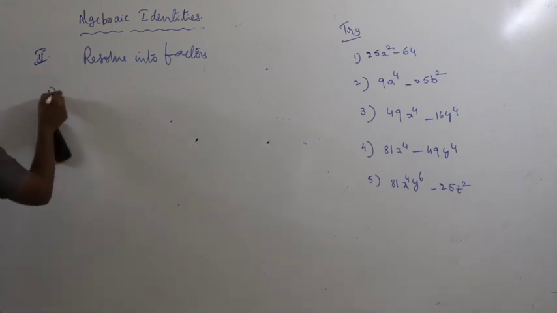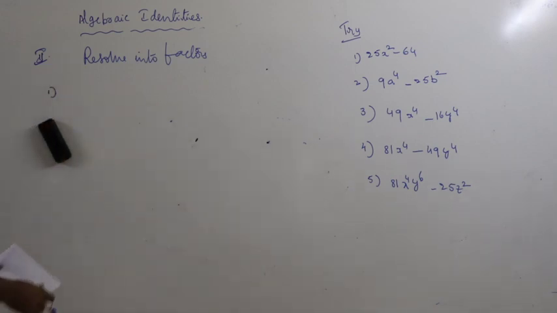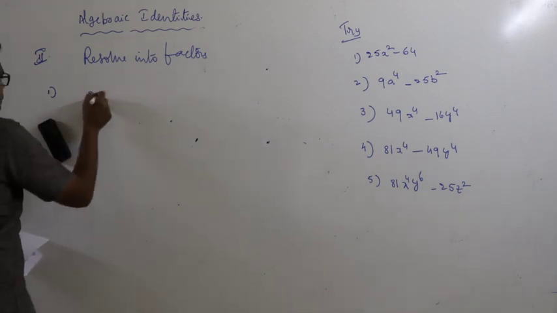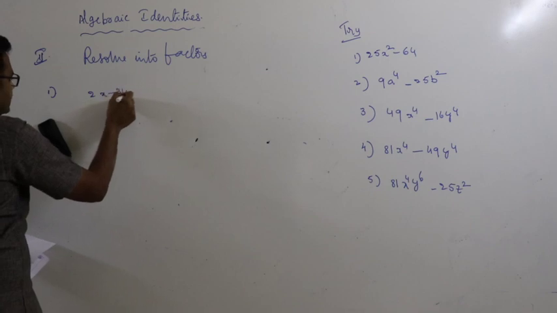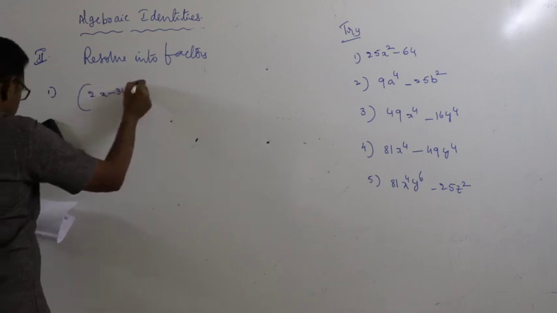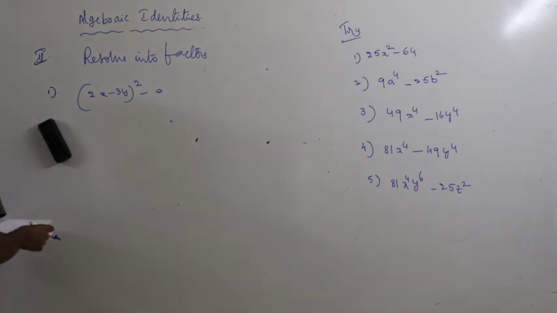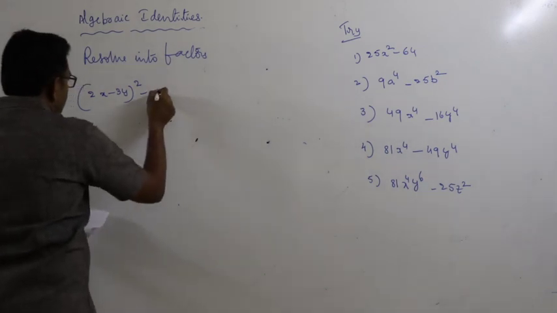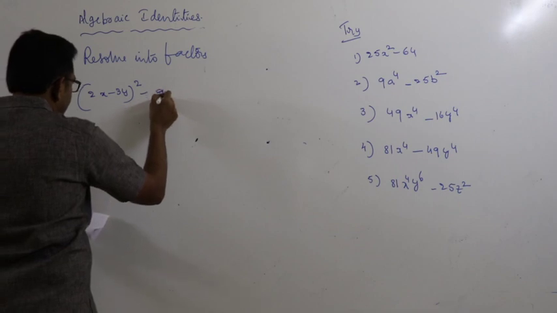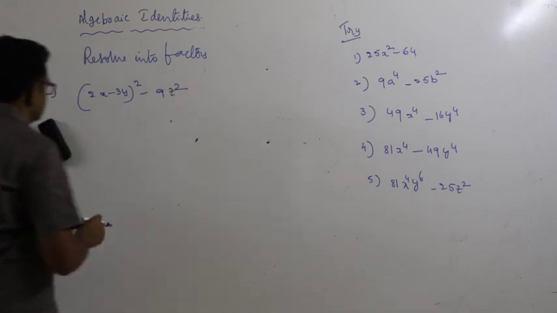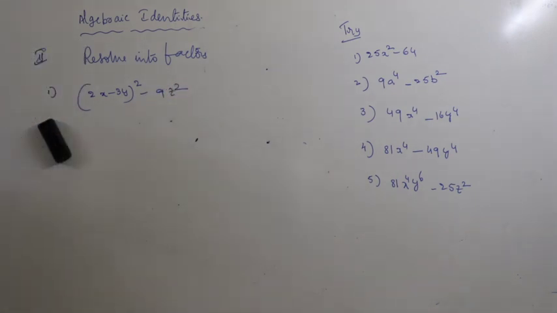Next one, resolve into factors. 2x minus 3y whole square minus 9z square.